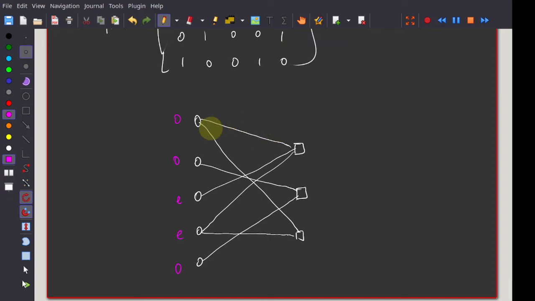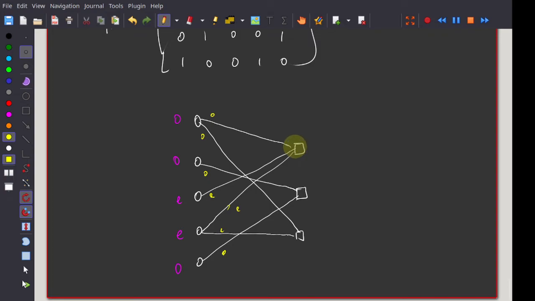So this is how we initialize. Now you compute the message along all of these edges from left to right. Each node is going to send exactly what it has: erasure, erasure, 0, erasure, 0.